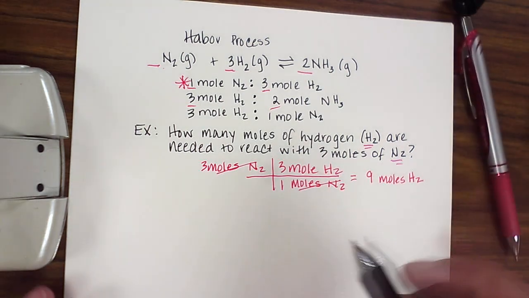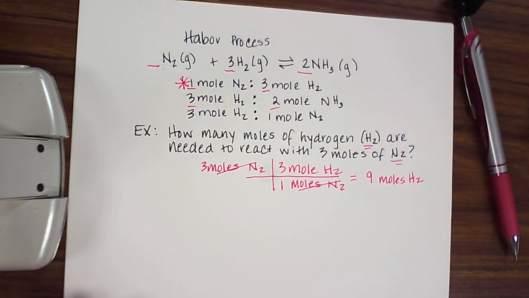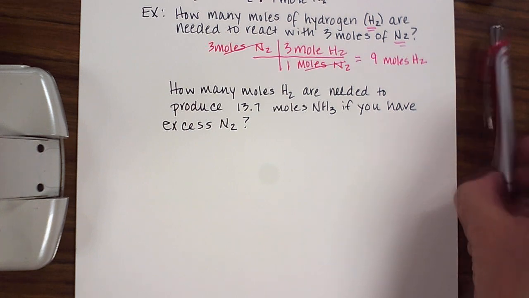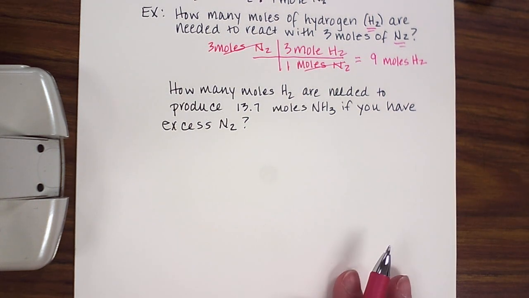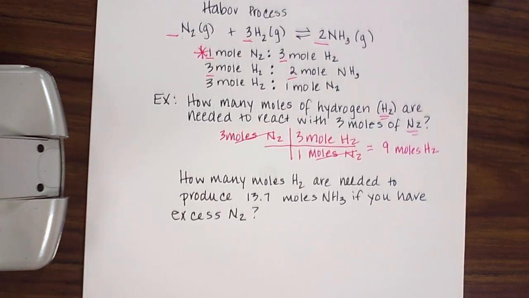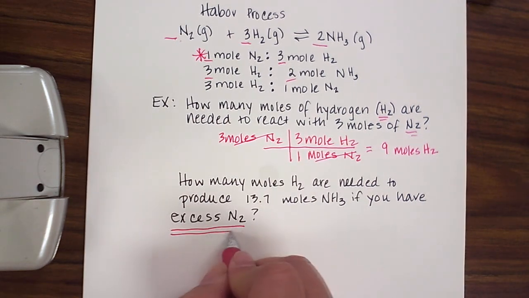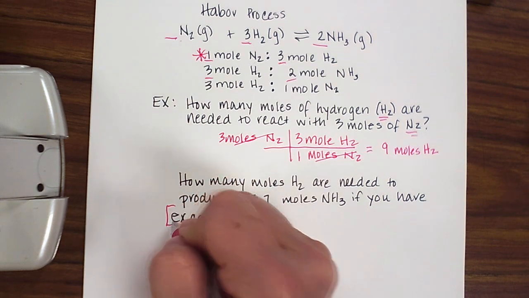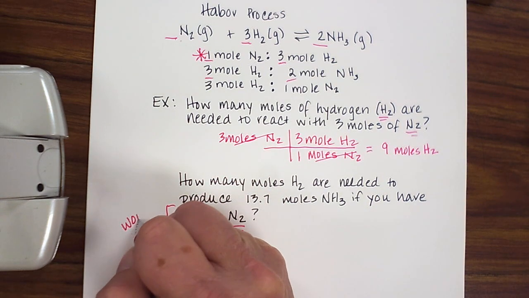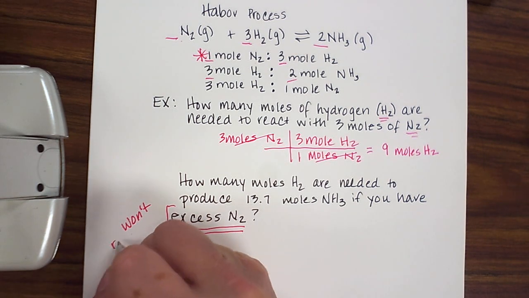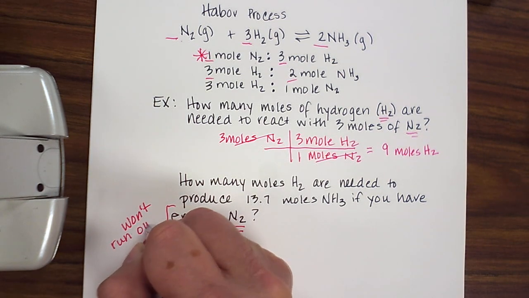Okay, so let's look at another example. How many moles of H2 are needed to produce 13.7 moles of ammonia if you have excess N2? So let's talk for 1 minute about excess N2. What does that mean? That means that you will not run out of it. That's all. If somebody in class said, do we have to pay attention to it? No, it doesn't.